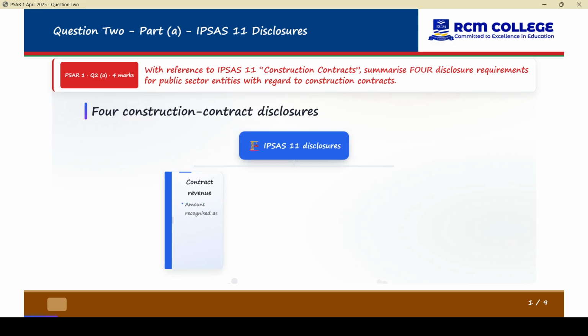Disclosure one says contract revenue. What's contract revenue? IPSAS 11, currently replaced by IPSAS 47, says disclose the amount of contract revenue recognized as revenue during the period.